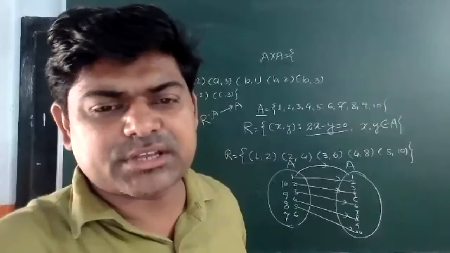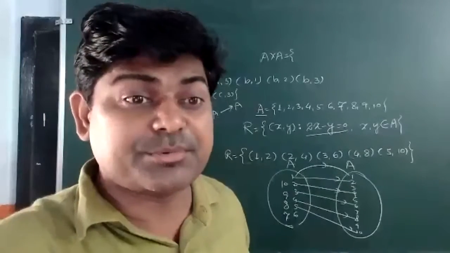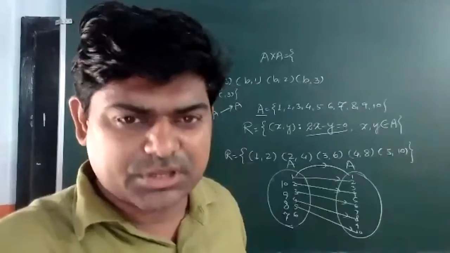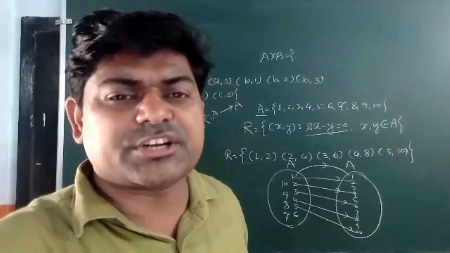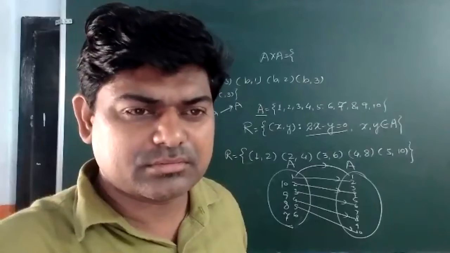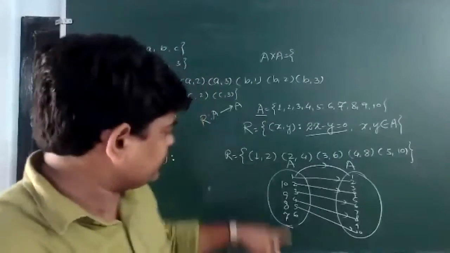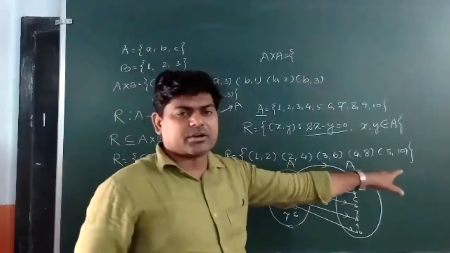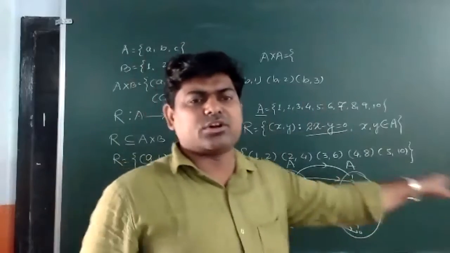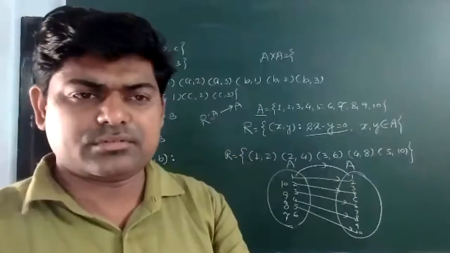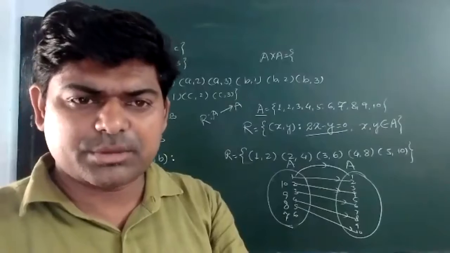In other words, if our relation is given in set builder or roster form, then the set of the first elements of each and every ordered pair is called the domain, and the set of the second elements of each and every ordered pair is called the range. Am I correct?